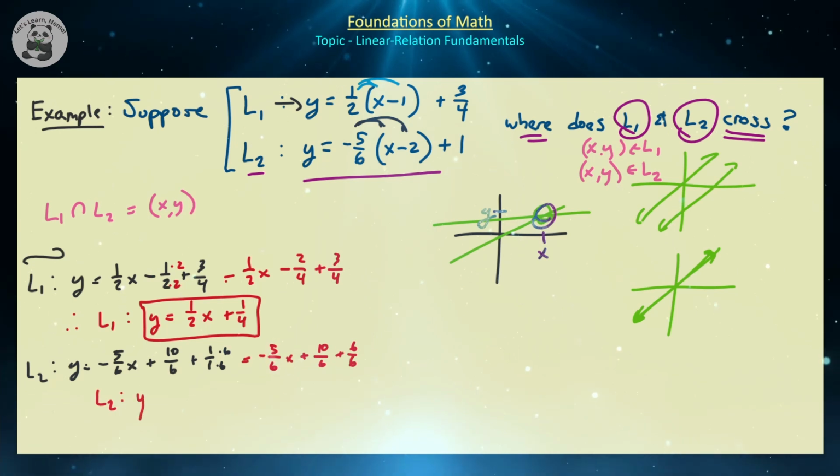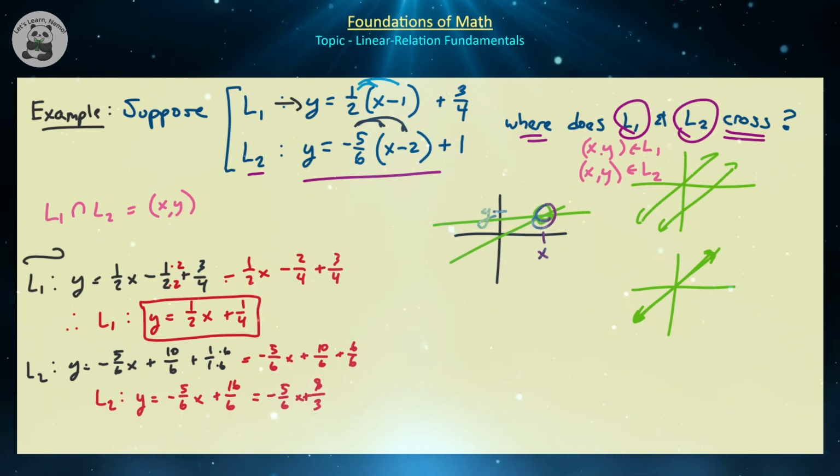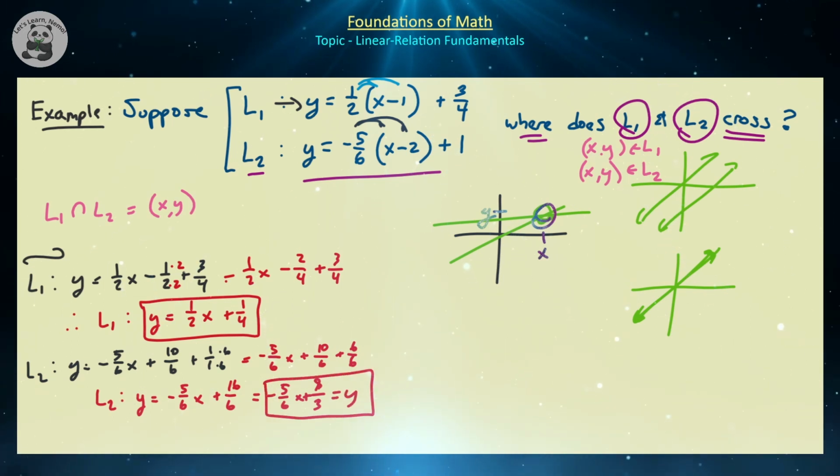So we have L2, which is y is equal to minus 5/6 x plus 16/6, which is the same thing as minus 5/6 x plus 8 divided by 3. That's what it reduces to. So we're going to be working with this particular relation for linear relation 2 because it's a little bit easier to work with.